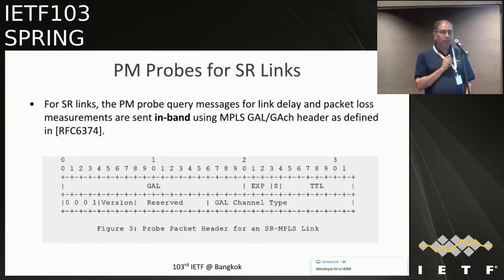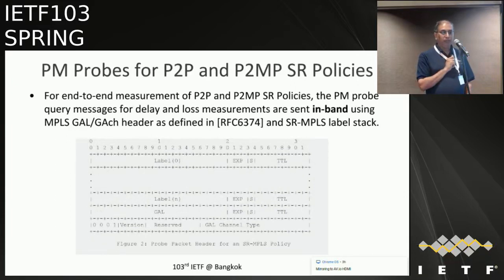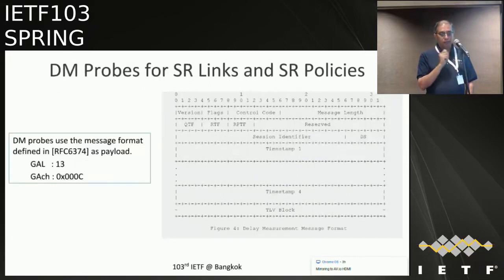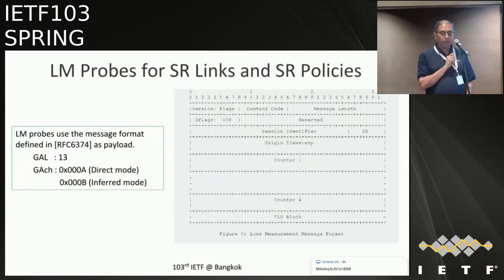Similarly, a GACh is defined for LM and the same value is used for SR links and SR policies. So there can be one-way or two-way measurement. For one-way measurement, the RFC 7876 UDP return path TLV is used. For two-way measurement, the response is sent the same way as the query message.